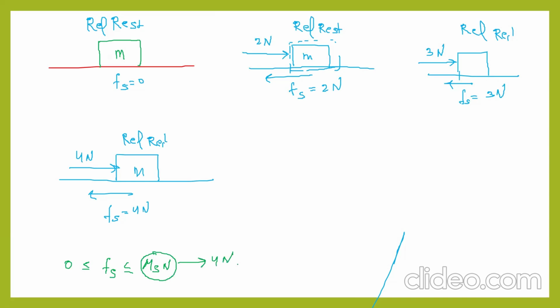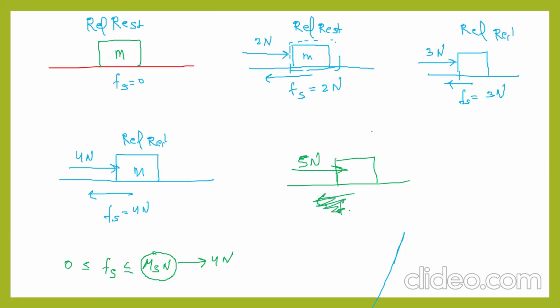Because static friction can adjust its value only up to a certain limit, up to a maximum value. So its maximum value is 4 Newton. Now if you apply, let us suppose, 5 Newton, then what will happen? Static friction can apply a maximum of how much? 4 Newton.